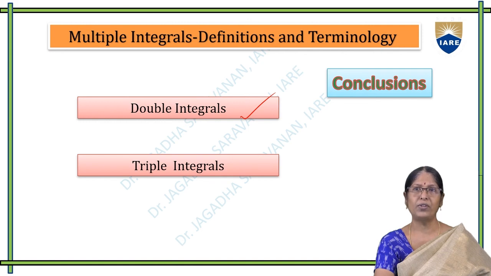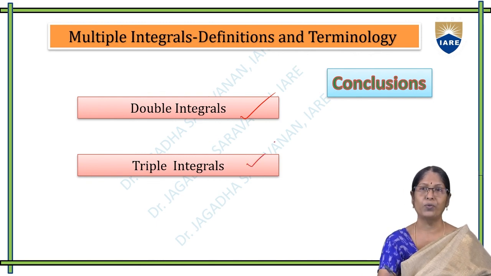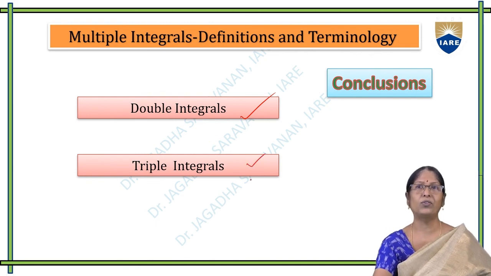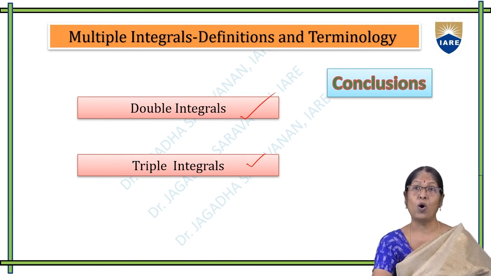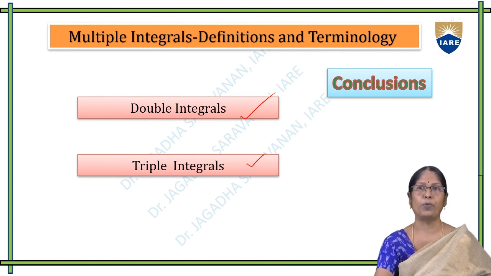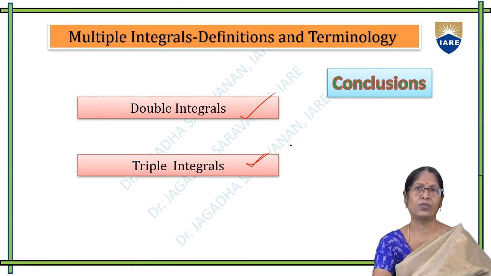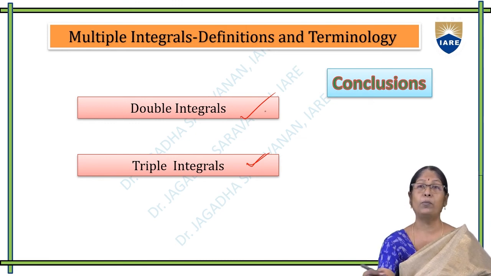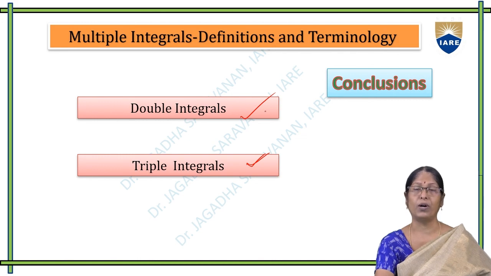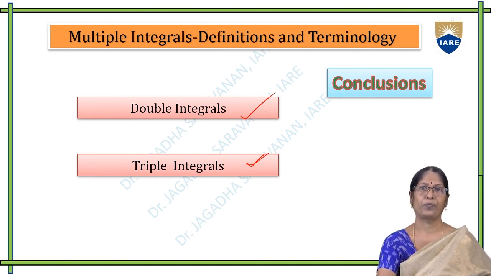The triple integral in three dimensions is used to calculate volume. This is also connected to vector calculus, where volume integrals play a role, and the triple integral is used in the Gauss divergence theorem, while the double integral is used in Green's theorem.